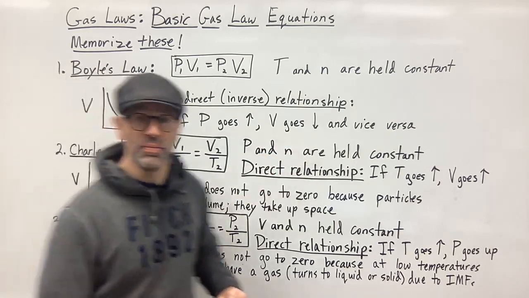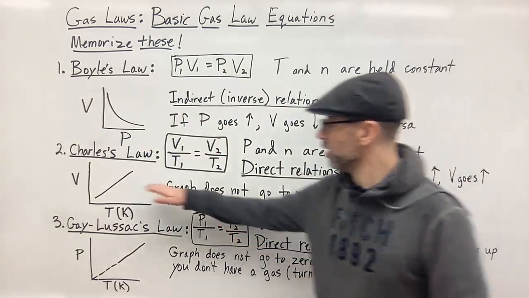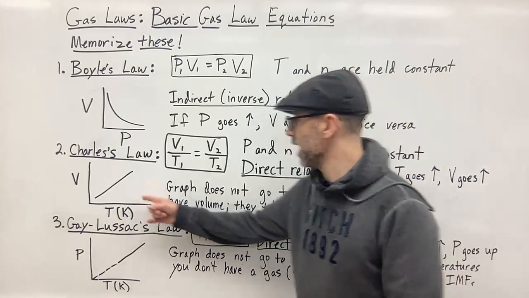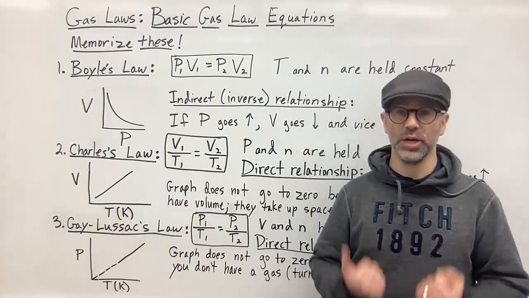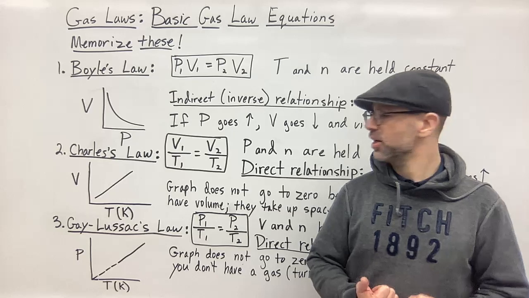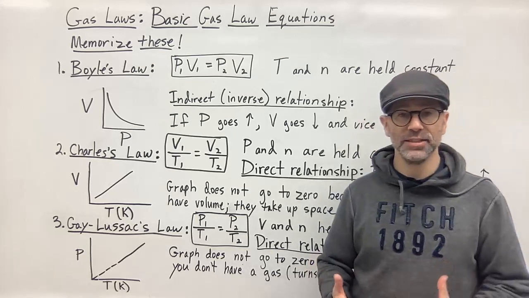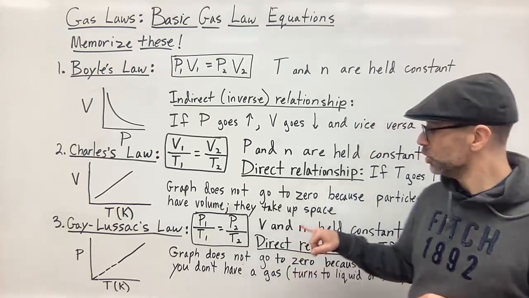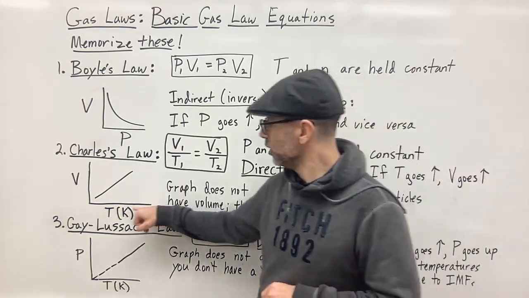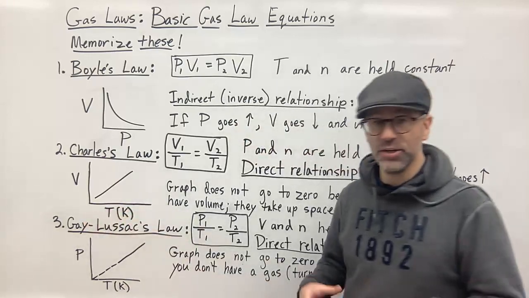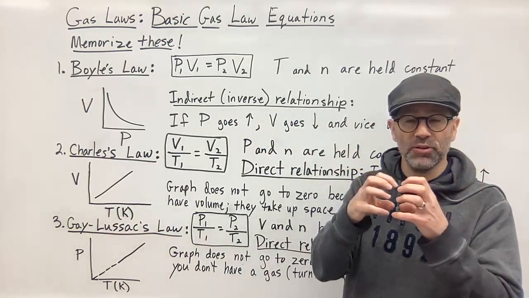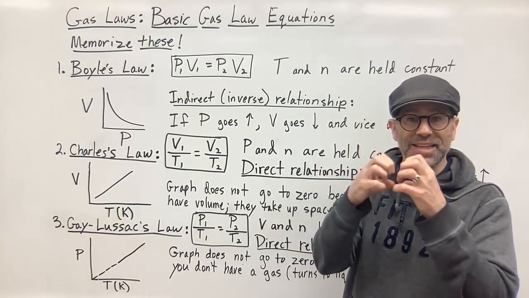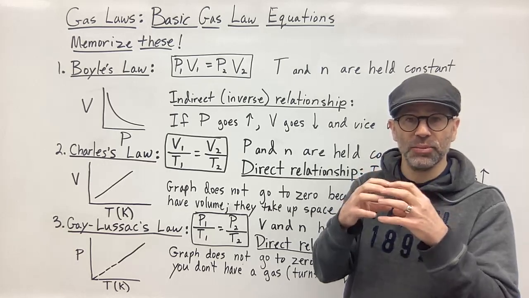Okay? So the last thing I want to point out with regard to the graph is you'll notice that the graph doesn't go to zero. The reason for that is because we're talking about real gas particles here. So real gases, actual gas particles have volume, and so when you lower the temperature enough, you're going to get to a point where the volume is going to decrease so much that the space between the particles is at the minimum amount, but the particles themselves take up space.